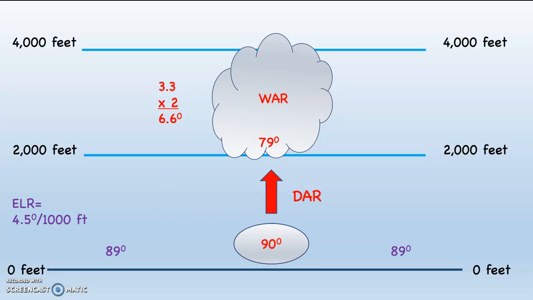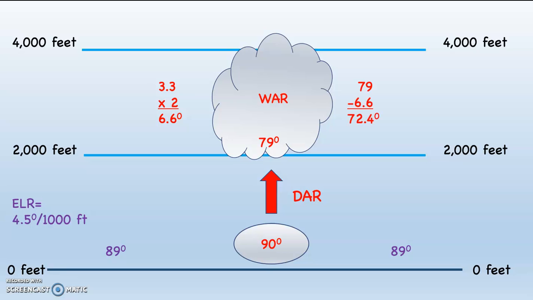Good. Then the air is going to rise from 2,000 up to 4,000 feet. And we are in agreement. From 2,000 to 4,000, there's a cloud, 100% relative humidity, WAR, 3.3 degrees Fahrenheit per 1,000 feet. And the difference between 2,000 and 4,000 is 2,000. So we take 3.3, the WAR, times 2 for 2,000 is 6.6.